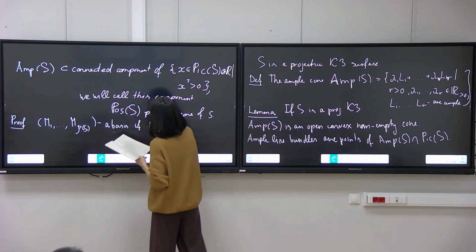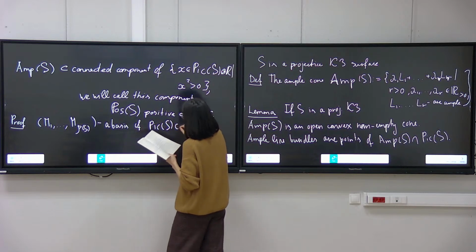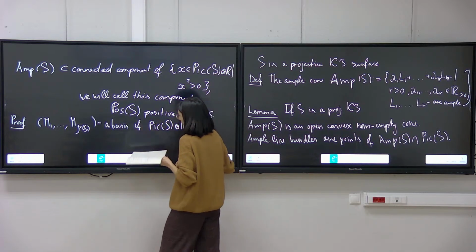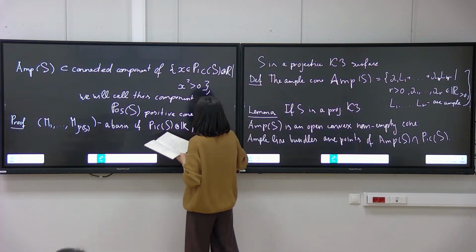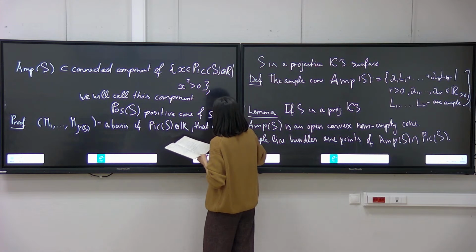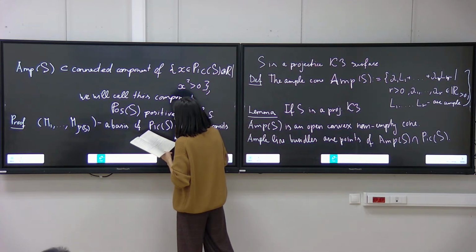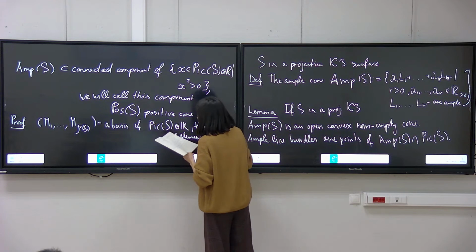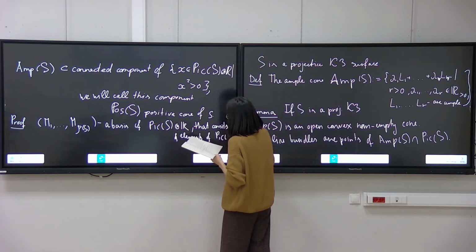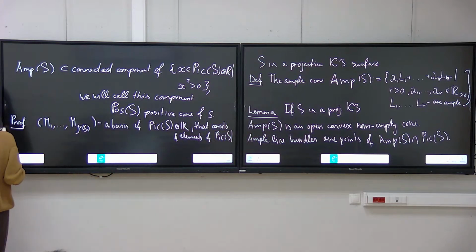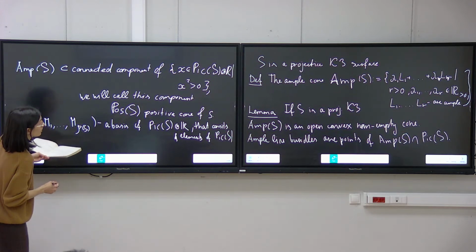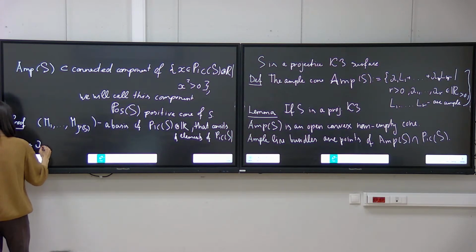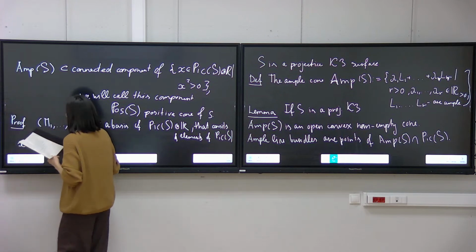A basis of this real vector space that consists of elements of Pic S, and suppose we have an element in the ample cone, so this is a positive linear combination.